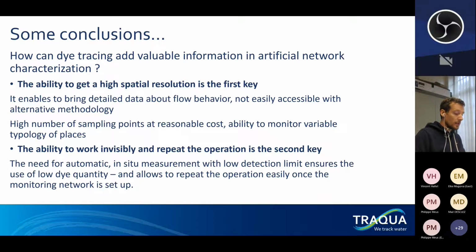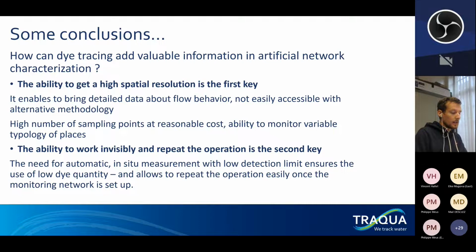And we observed that the ability to obtain a high spatial resolution is the first key to meet this objective, because what is clearly needed for artificial networks and surface hydrology is something that enables detailed data about the flow behavior that is not necessarily accessible with alternative methodologies.